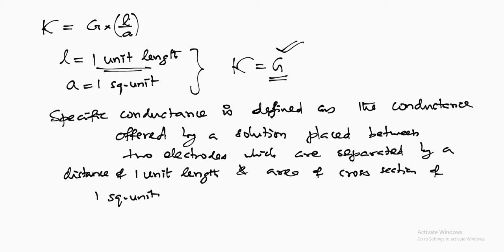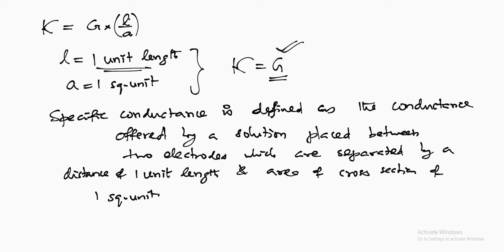Okay, so specific conductance is defined as conductance offered by a solution placed between two electrodes separated by a distance of 1 unit length, and area of cross section is 1 square unit.